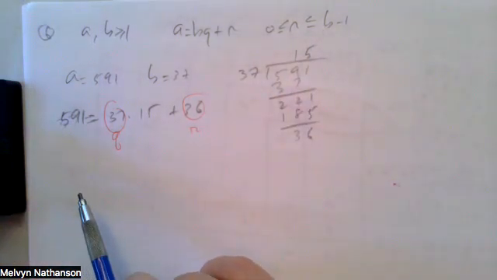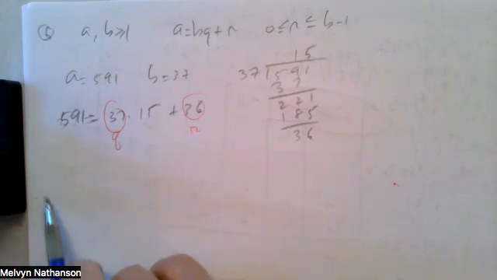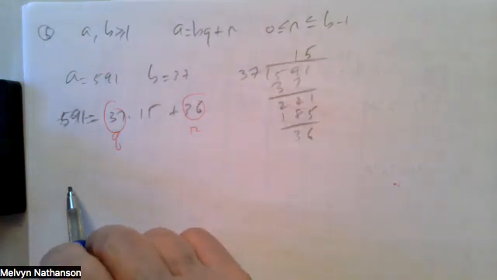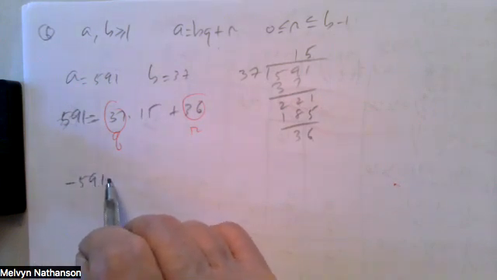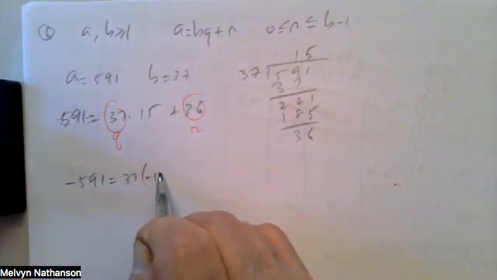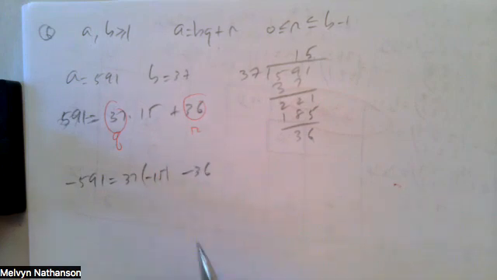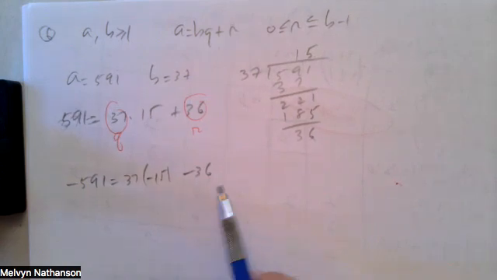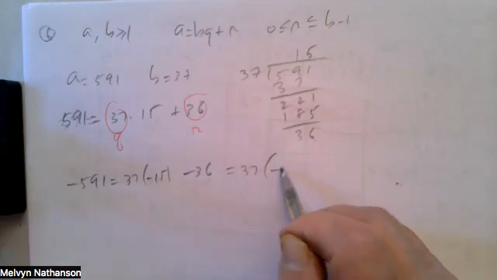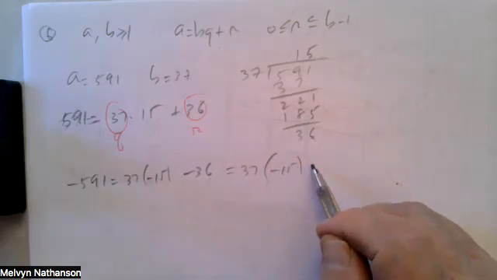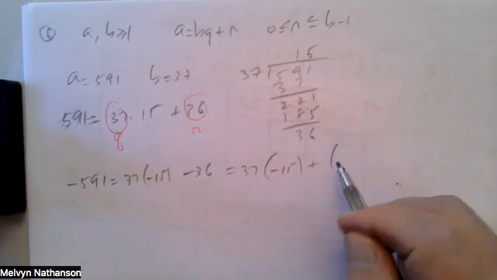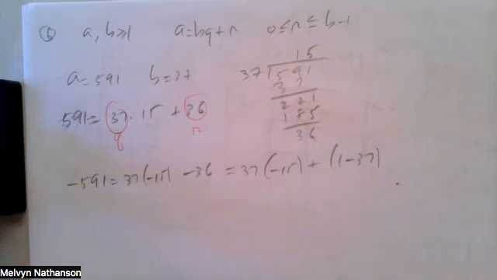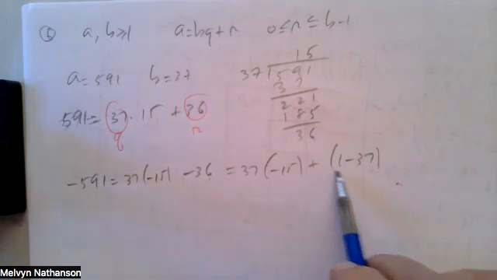Okay. What about minus 591? You might say just multiply by minus 1. You get minus 591 is 37 times minus 15 minus 36. But this cannot be the remainder because it's negative. But I could say, 37 times minus 15 minus 36 is 1 minus 37, right? 1 minus 37 is minus 36.